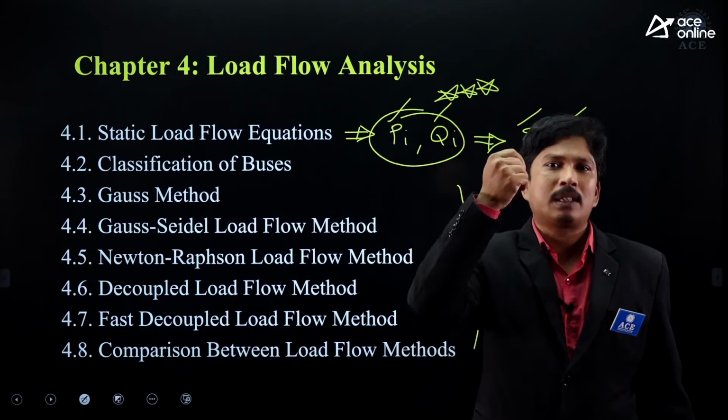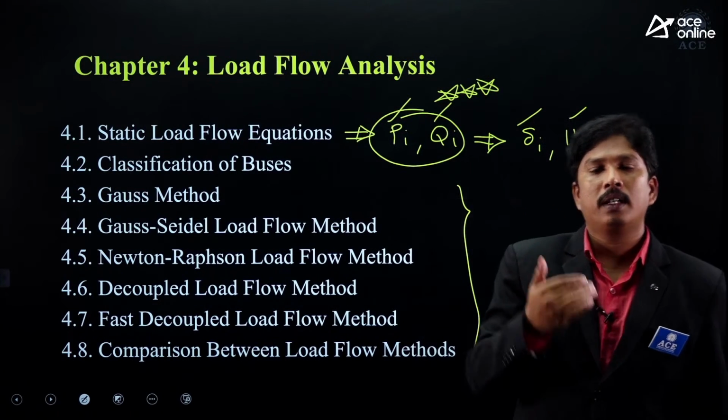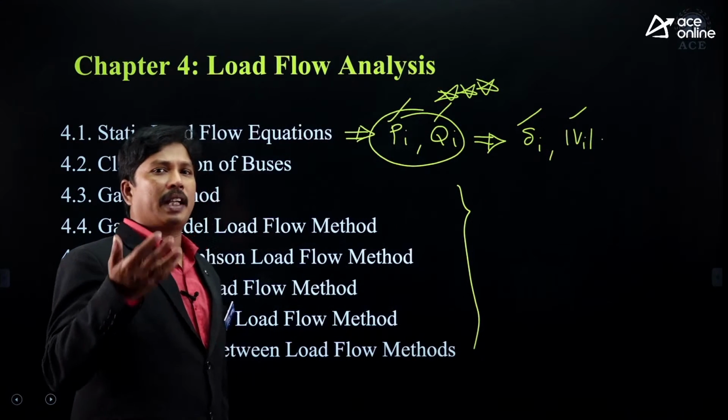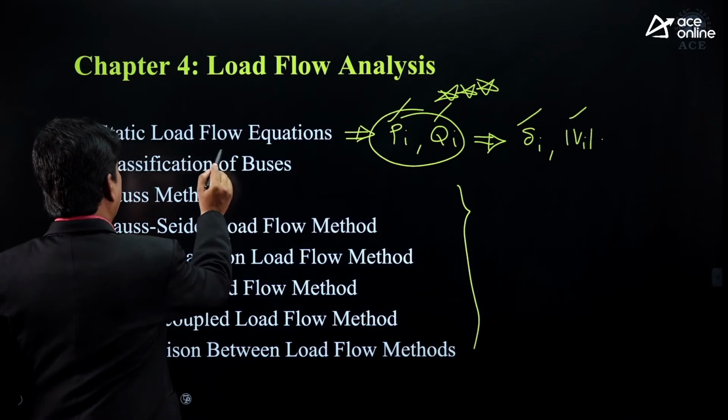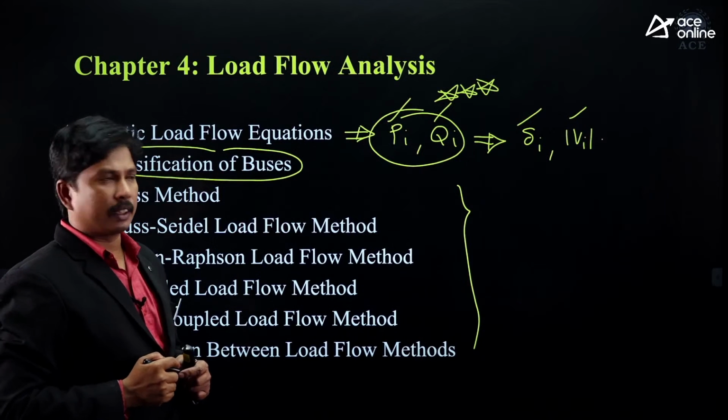So 2 variables as known parameters and 2 variables as unknown parameters, we are going for the load flow analysis, so that we are going for classification of buses based on the static load flow equations.